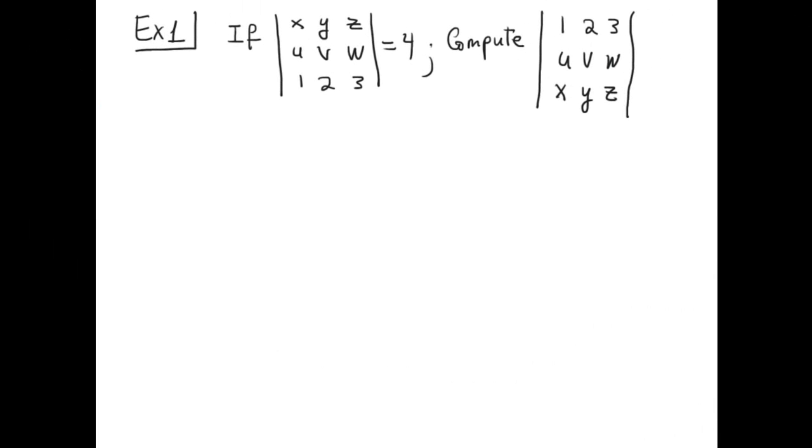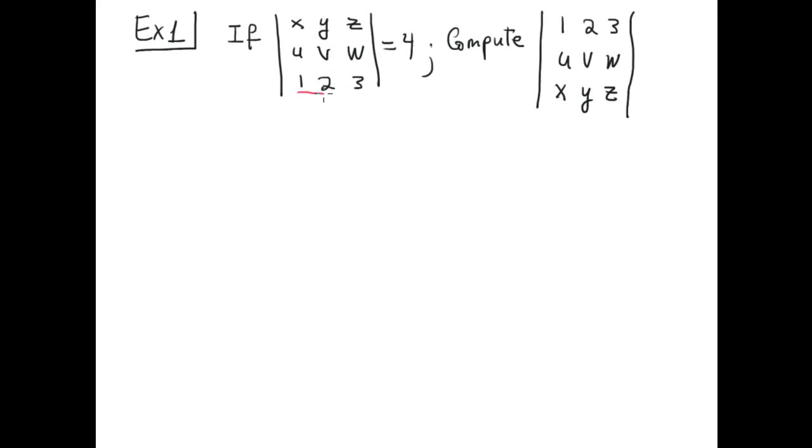Okay, let's do some examples. Example 1: this determinant is given. You don't know what X, Y, Z, U, V, W are, but this is equal to 4, this is given. I need to find this new determinant, which is similar to this but not exactly the same. Well, you can see now, wow, look at that. What is the difference?